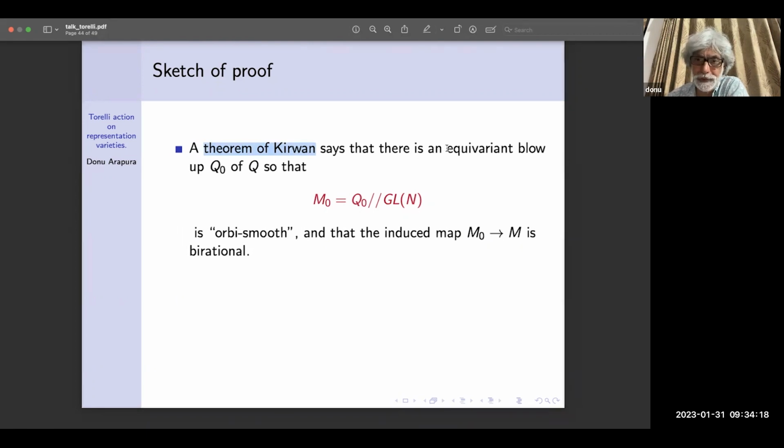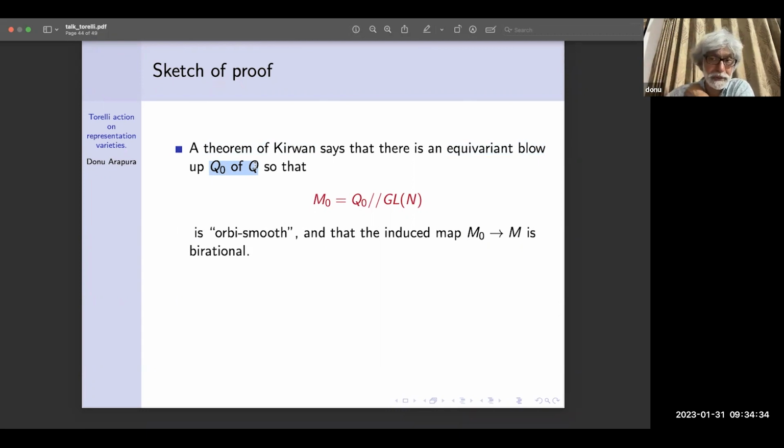And what she says is that you can form an equivariant blow-up Q naught of Q, which is nice. So maybe I didn't say all the words. What does nice mean?